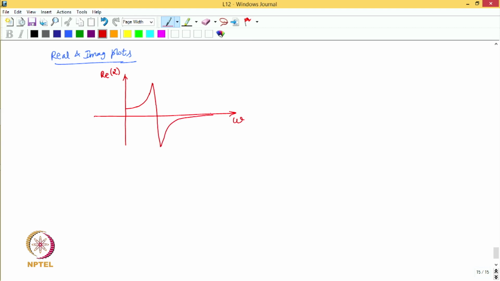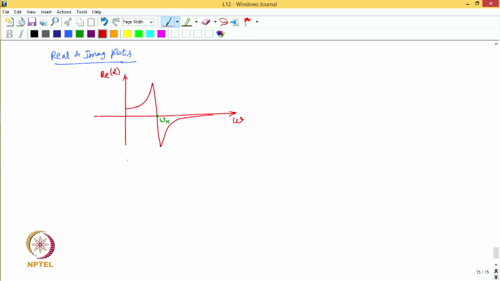Okay. The real part basically intersects the frequency axis at omega equal to omega n, so the real part becomes 0 at omega equal to omega n.